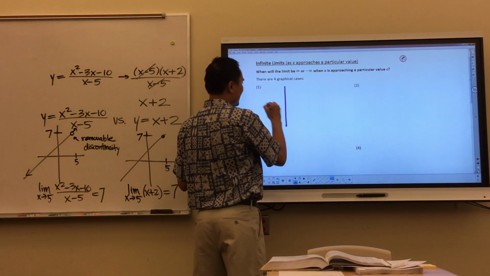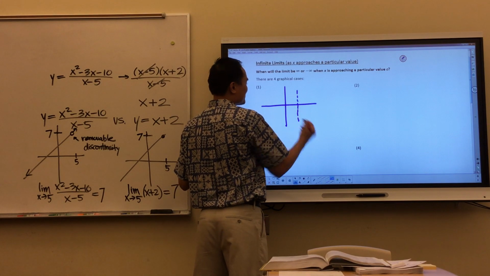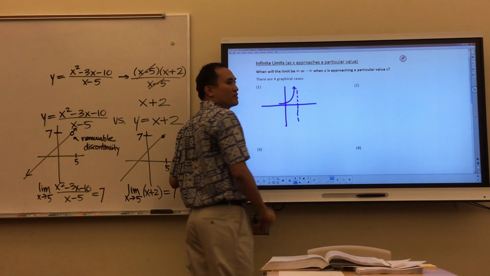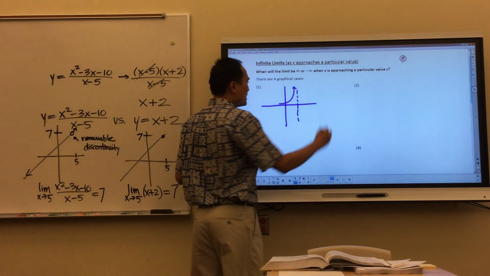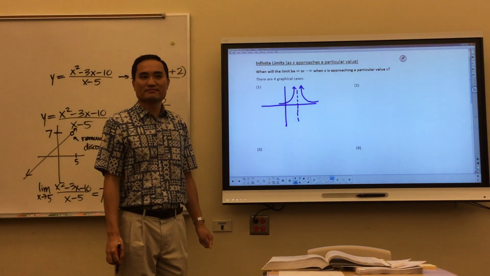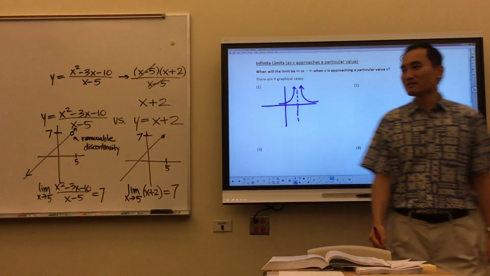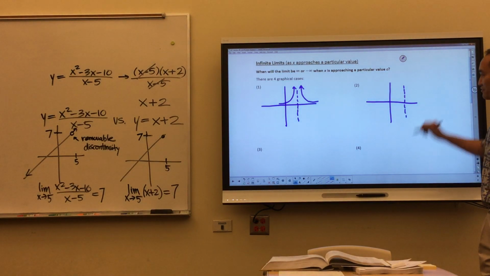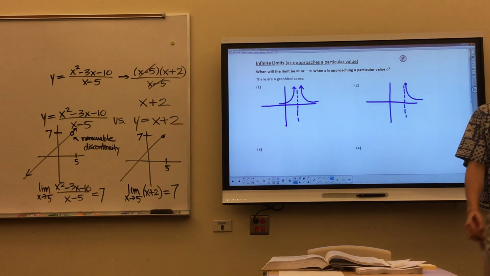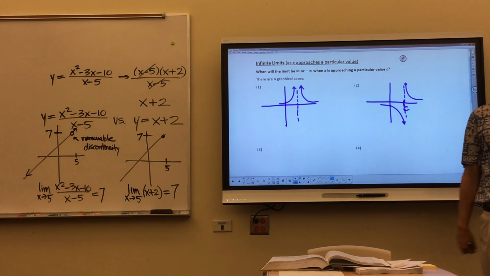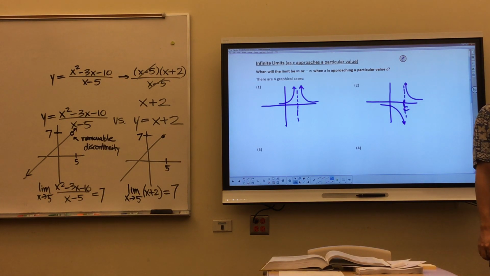So there are 4 cases that I like to highlight. The first case is when you approach from the left, the graph approaches infinity, and when you're approaching from the right, the graph is also approaching infinity. It's a volcano. The second case is when you're approaching from the right, the y values approach infinity, and when you're approaching this particular x value from the left, the limit is negative infinity.